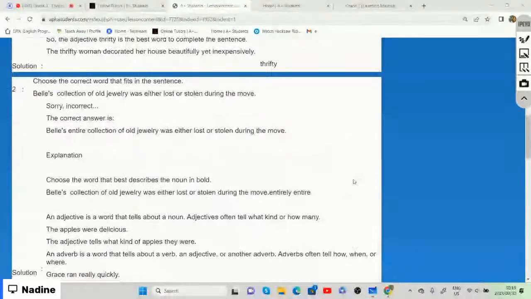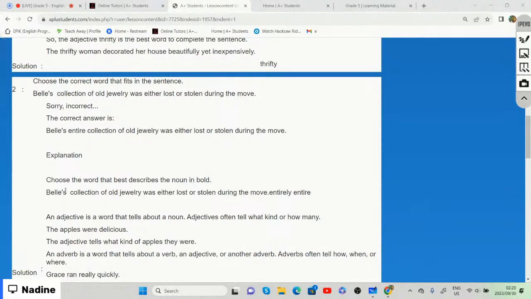Bella's collection of old jewelry was either lost or stolen during the move. So we need to choose the word that best describes the noun. So do we say Bella's entirely collection or Bella's entire collection of old jewelry was either lost or stolen during the move?